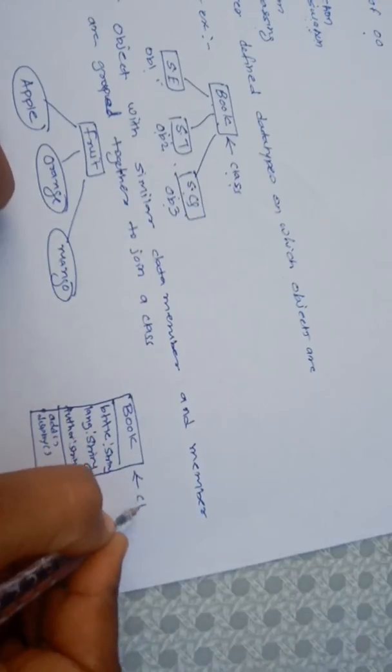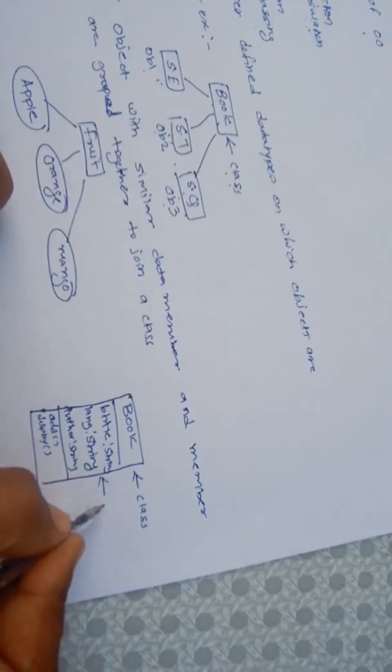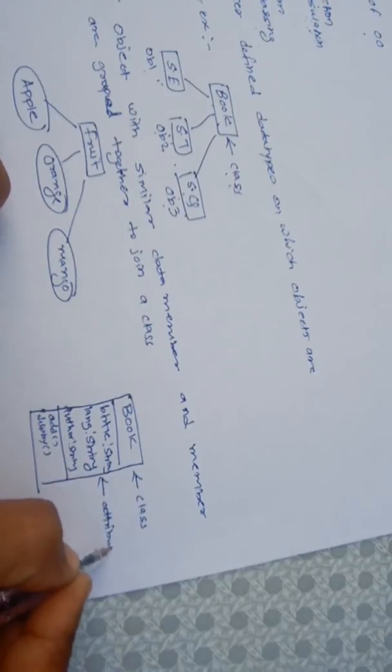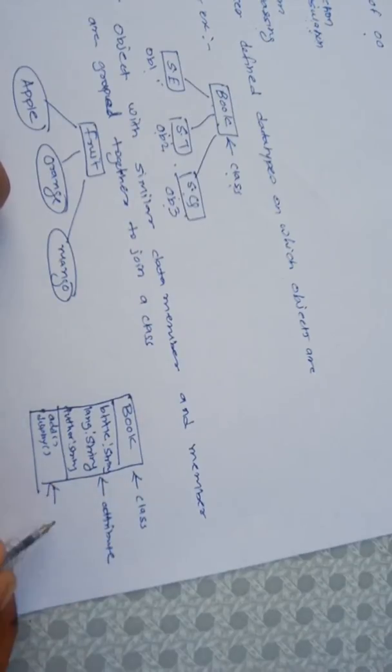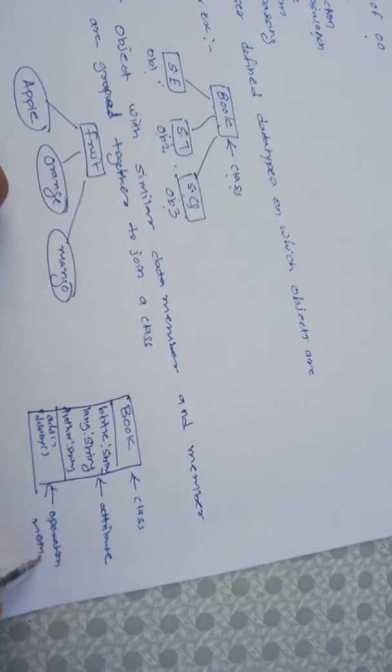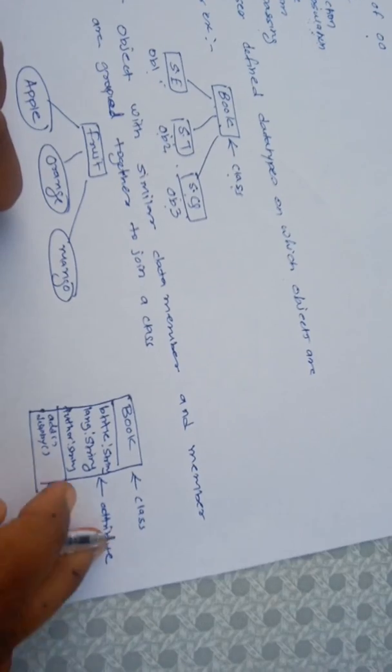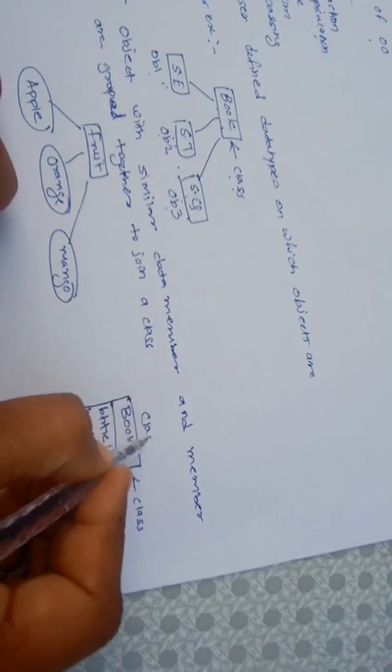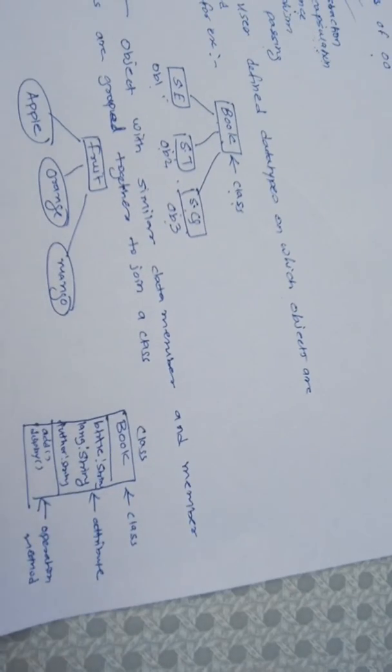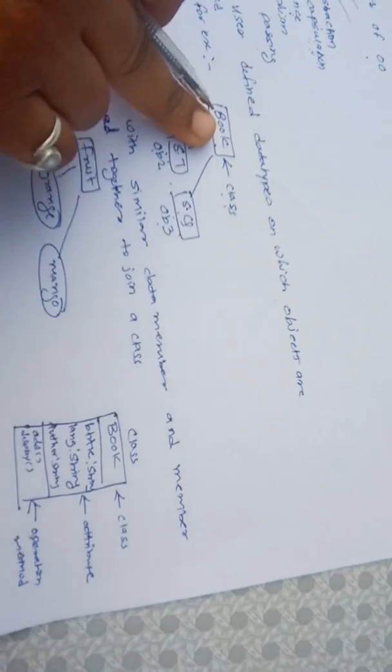These are the attributes and these are the operations or methods. This is the class diagram for a particular book.